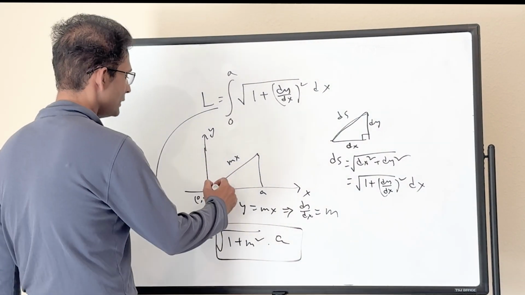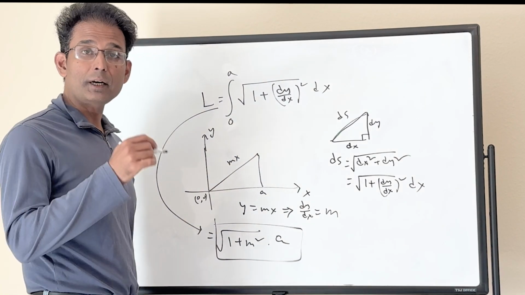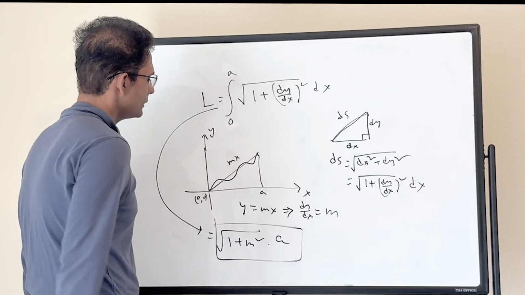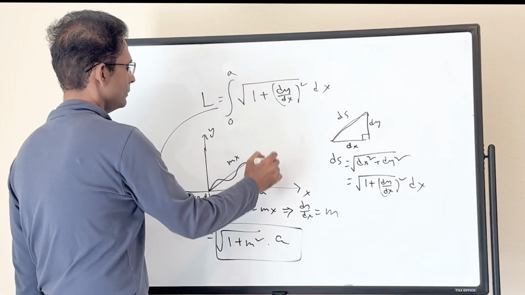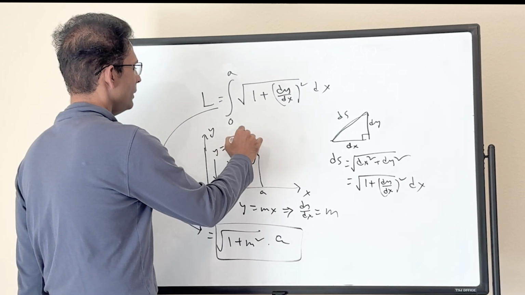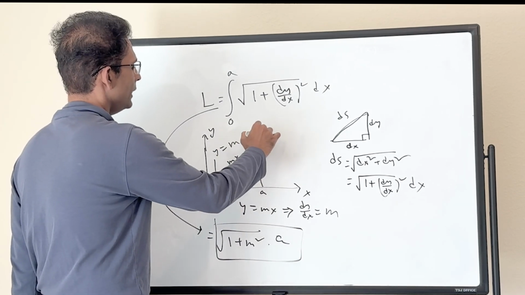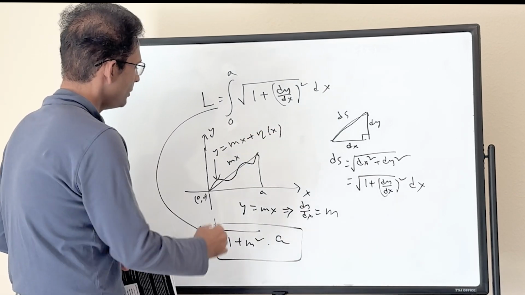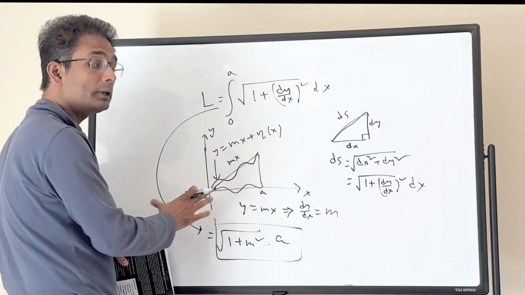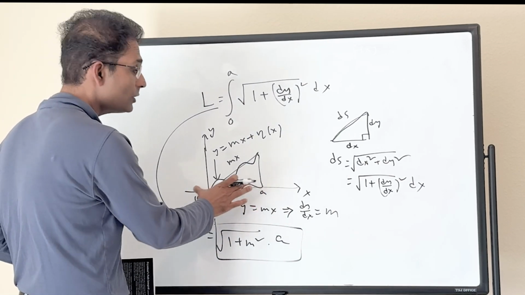Now let's consider a small variation about the straight line. This new curve is given by y equal to mx, the straight line, plus eta of x. Remember, eta is an arbitrary curve, the only constraint being that it vanishes at the two endpoints.